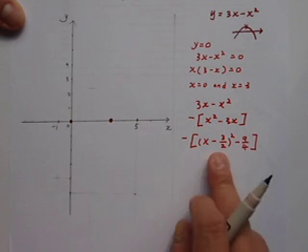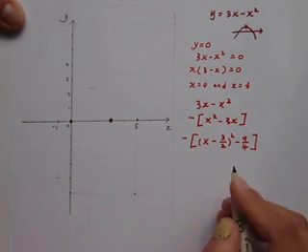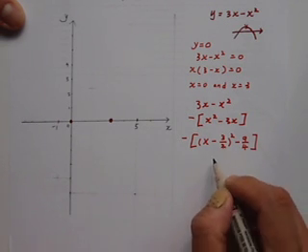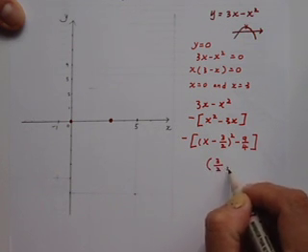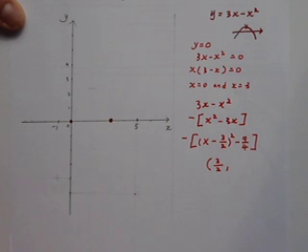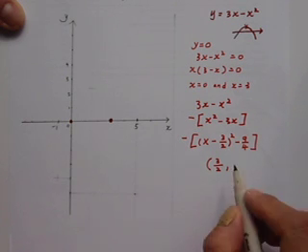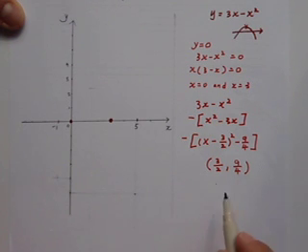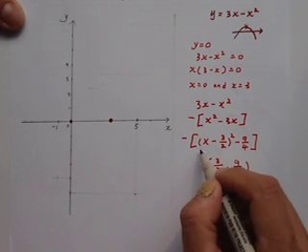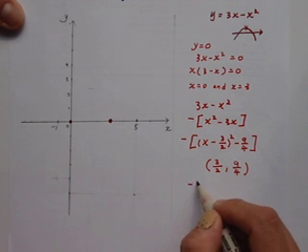So, looking at this expression, we were able to determine the turning point, 3 over 2, 9 over 4. Or you could multiply the minus sign inside first, so you get this.